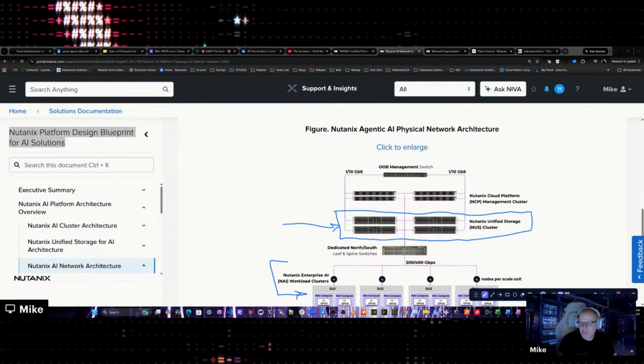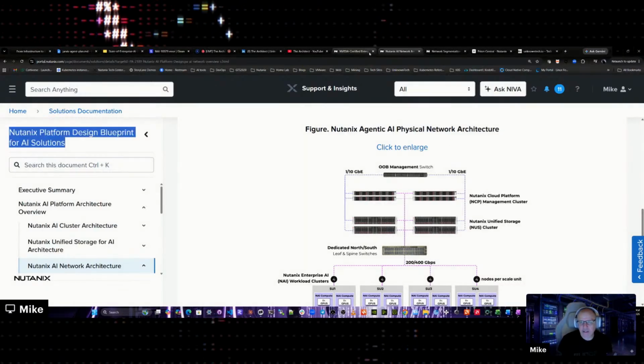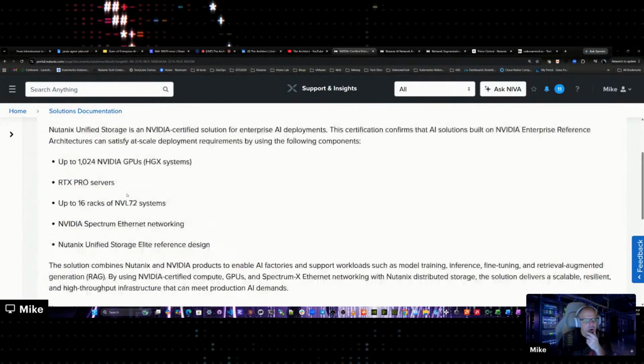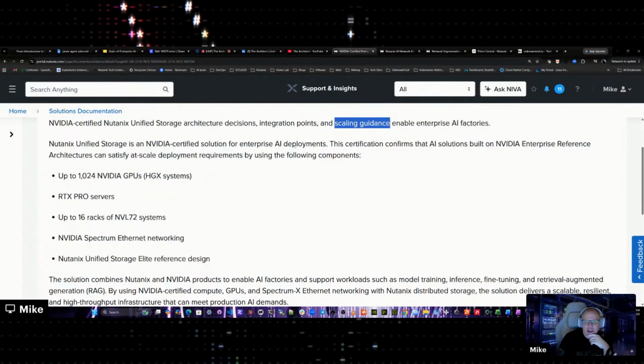Okay, let's get back to the document here. This solution really certifies the NUS, and when you see NUS, I'm talking about Nutanix Unified Storage.